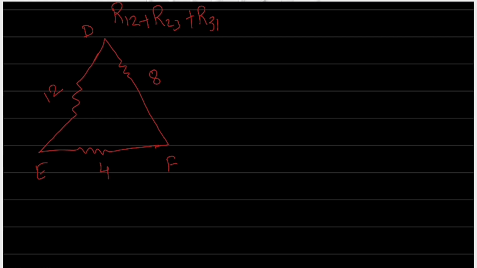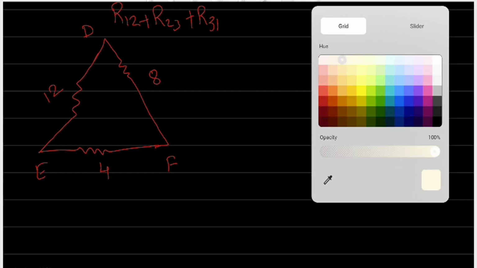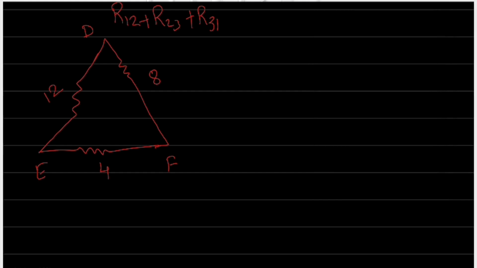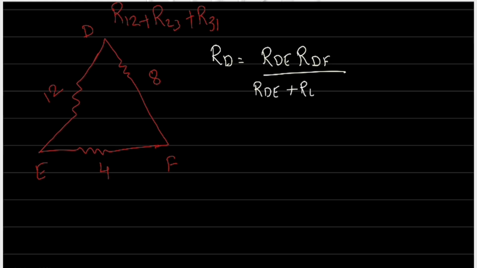So now solving this, we can get RD equals RDE into RDF divided by RDE plus REF plus RDF.